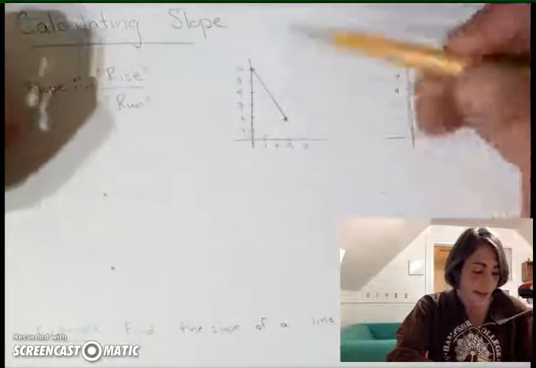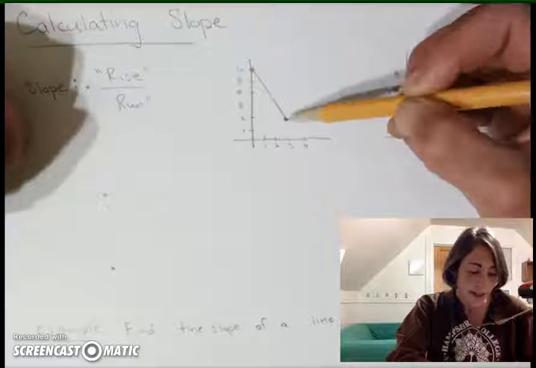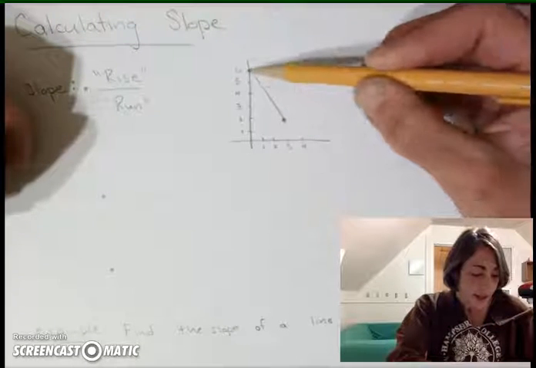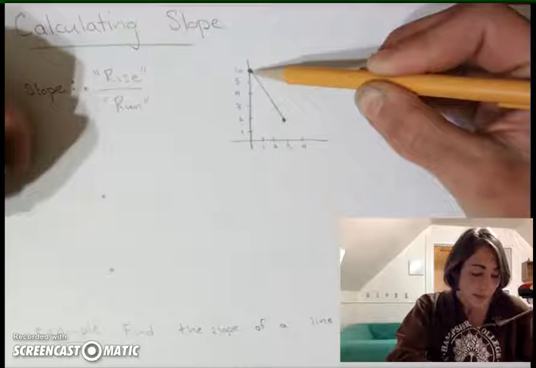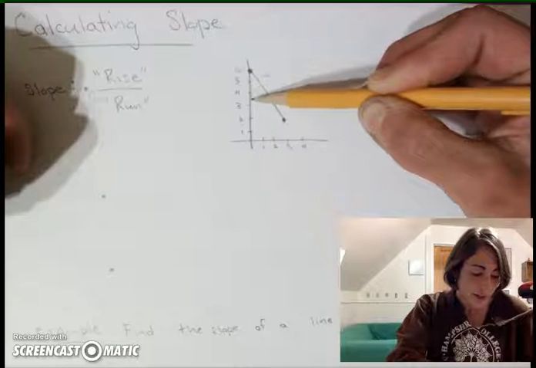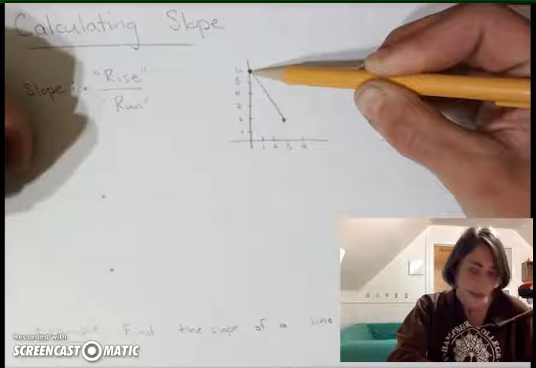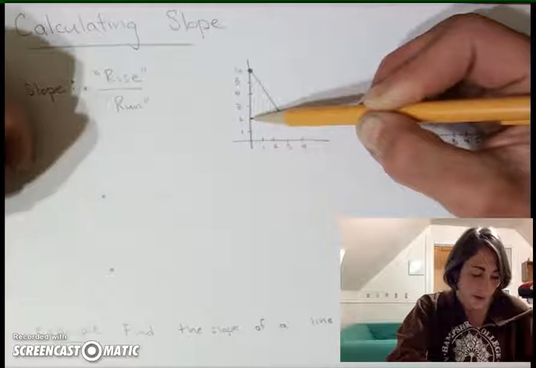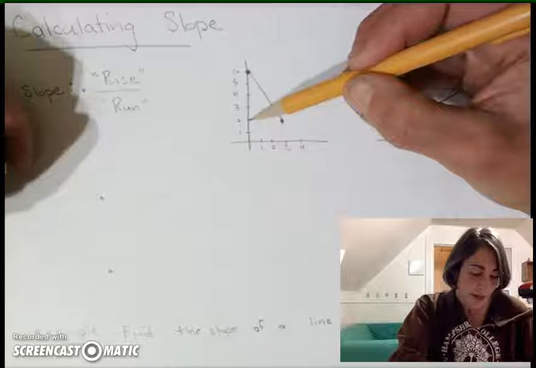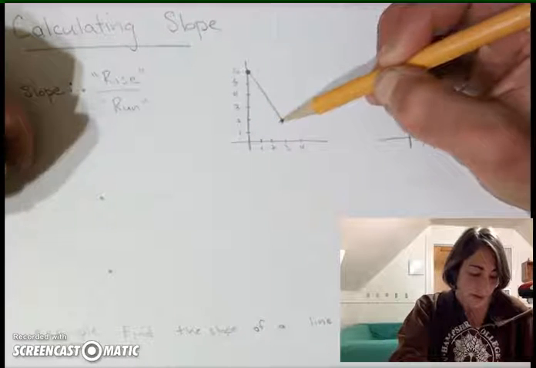So the way that we calculate slope graphically is, say I have these 2 points. I kind of take a walk from one point to the other, but I think about walking vertically first. So from the point 0, 6, I walk down 1, 2, 3, 4 for every time that I walk over 1, 2, 3.